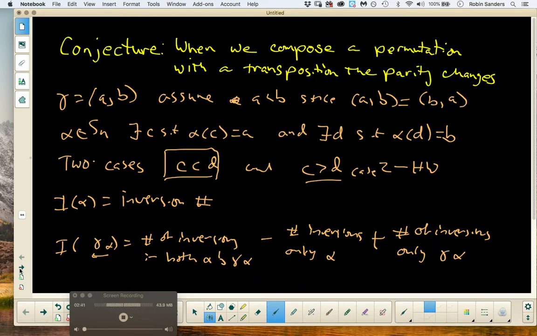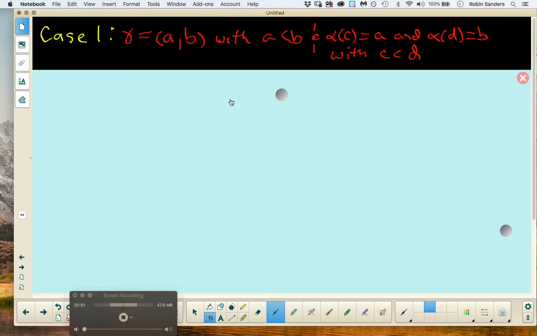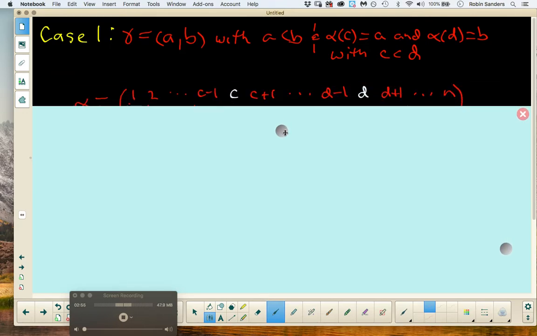So we need to look at different sorts of inversions and what happens in the two different permutations.